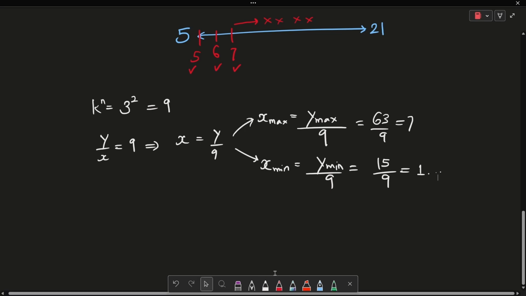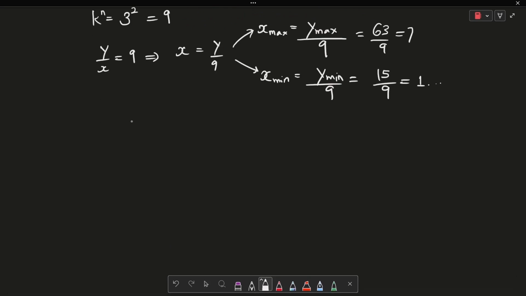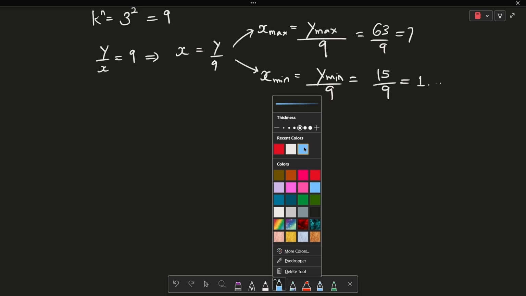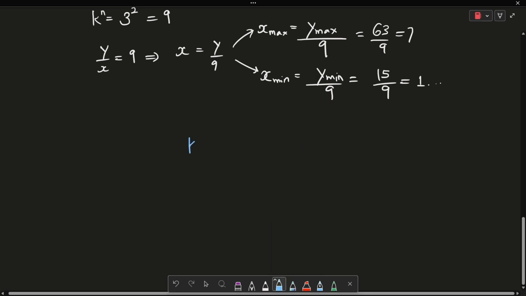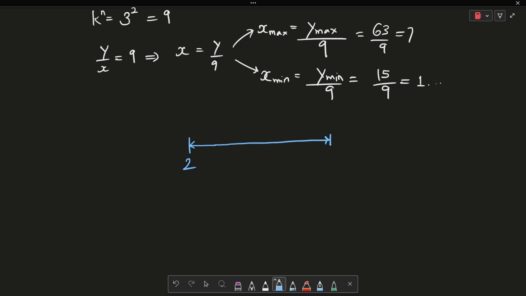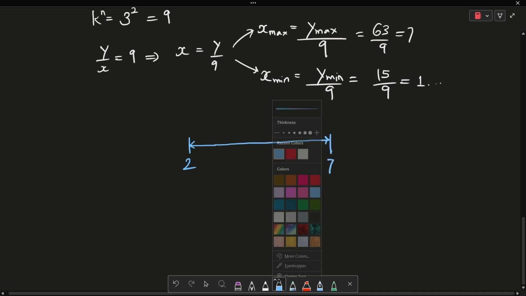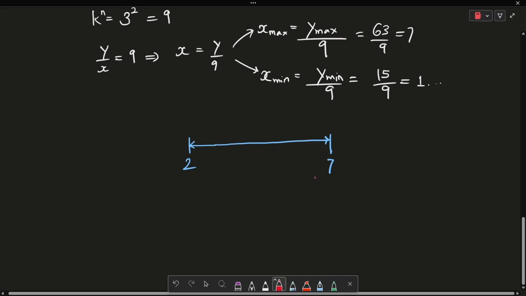So that simply means that the possible range of x can be from 2, and it can go till 7, right? But what is the real range of x for me? It is from 5 to 7: 5, 6, and 7.